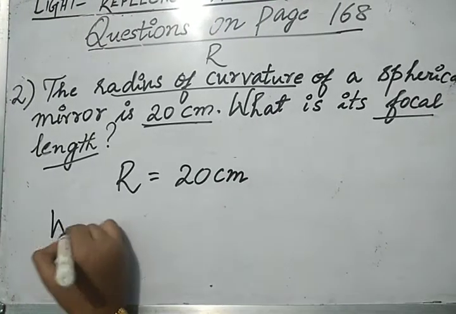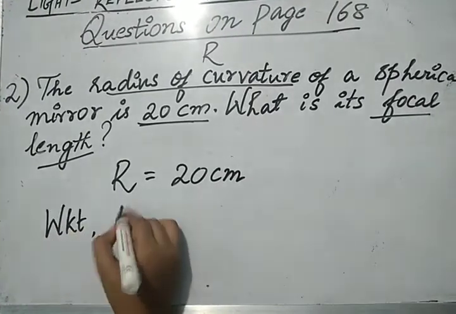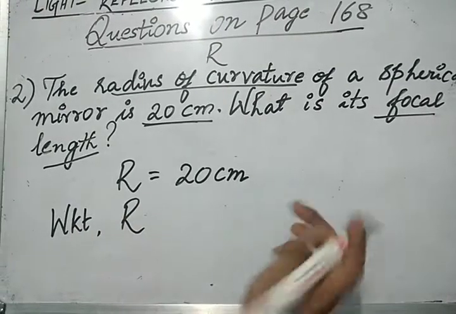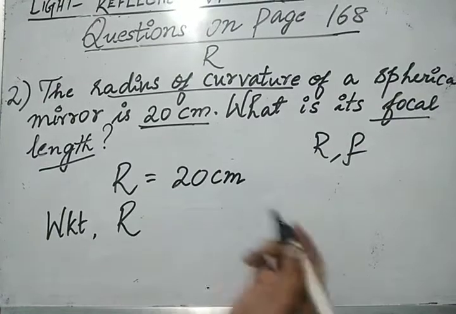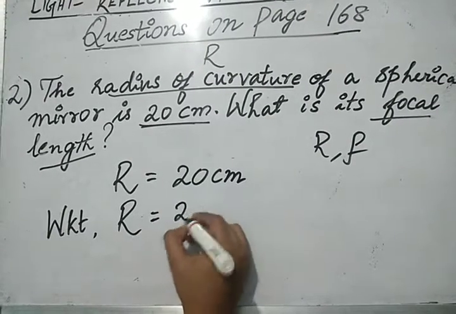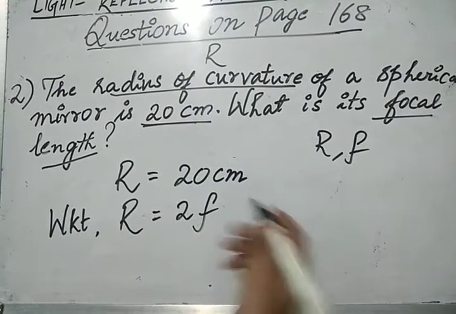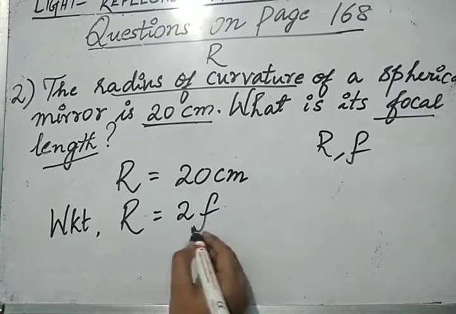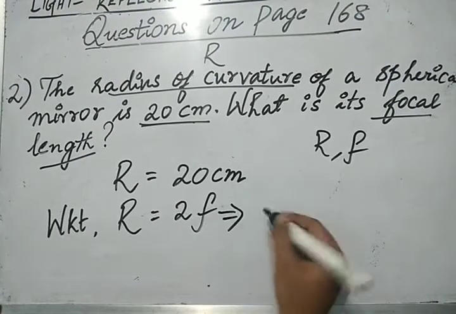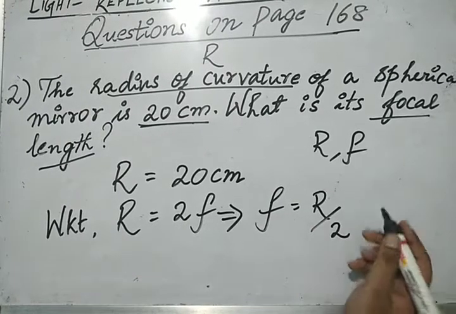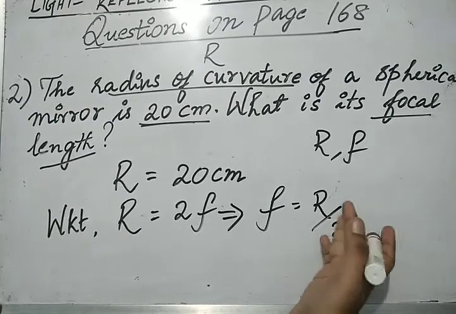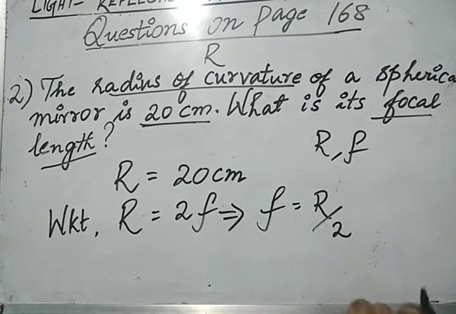Now we know that there's a relationship between R and F. We all know that. So radius of curvature is equal to twice the focal length. Just substitute the values. So therefore this implies F will be equal to R upon 2, or half of radius of curvature is your focal length.